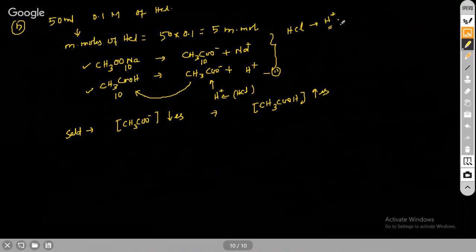Now 5 millimoles of H plus combines with this and forms 5 millimoles of CH3COOH. So the number of millimoles of CH3COOH when you add HCl will be: 10 was initially present and 5 forms by this reaction with HCl. This gives you 15 millimoles of CH3COOH.